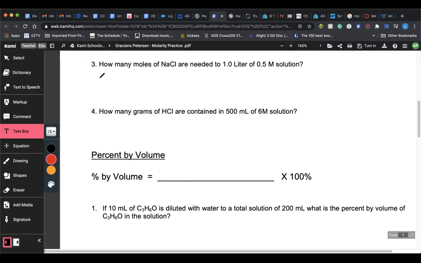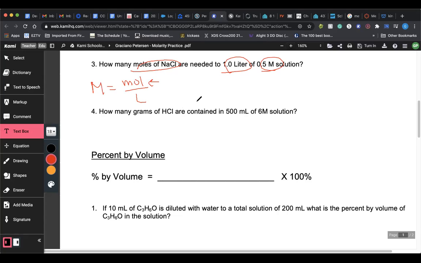So from it the question wants us to figure out the moles of NaCl, right? What's our equation for molarity again? Moles over liter. And so we're given the liters and we're given the molarity and we have to find the moles, right?